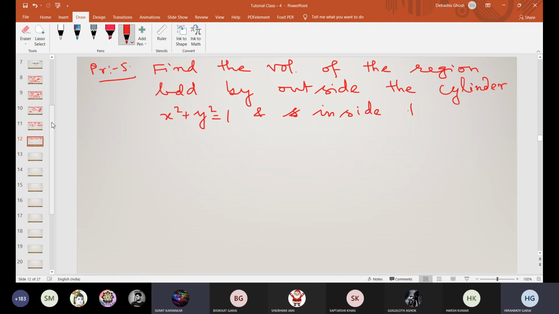So the sphere is this. So this one is again something like this.